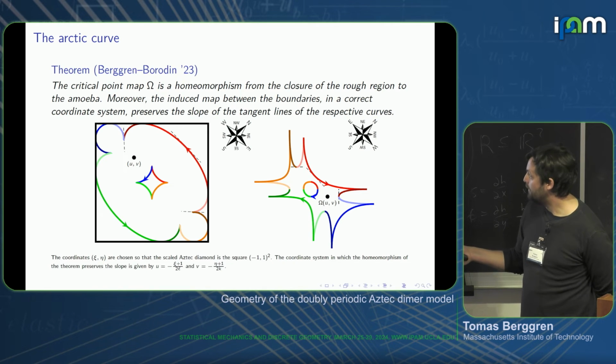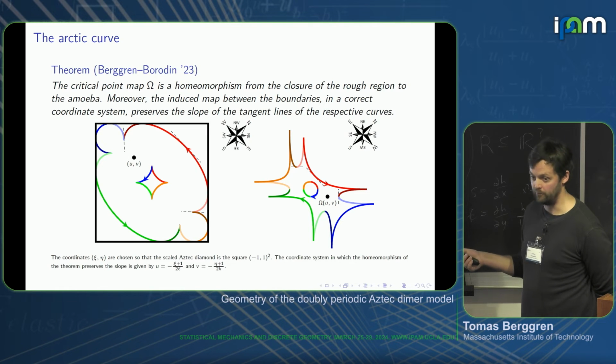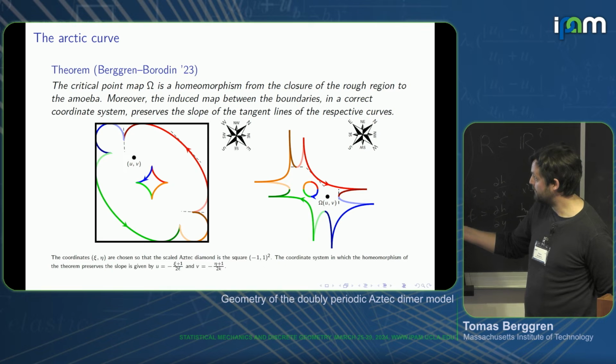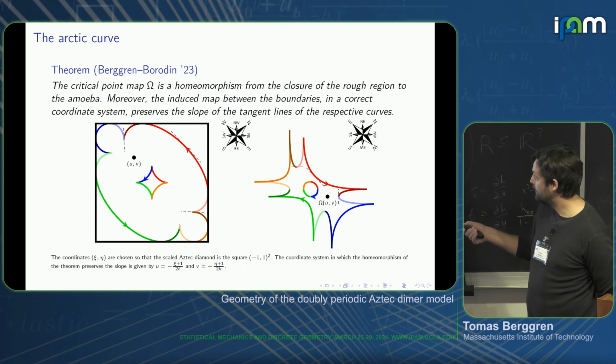Moreover, if you take this map to the boundary, then this map preserves the slope of the boundary. So if the Arctic curve has this slope, that means the image in the amoeba is the point on this part with the same slope. Moreover, this map reverses orientation. So if we follow the Arctic curve like this, it means that we are following the amoeba in this direction.